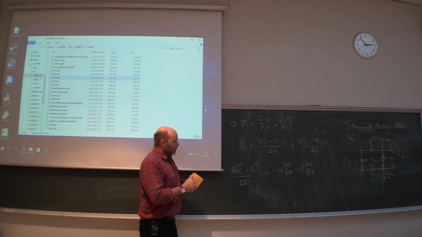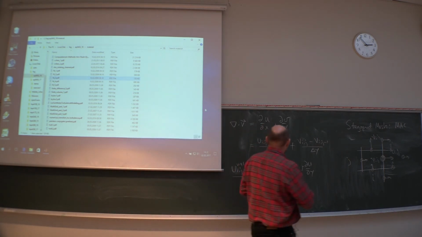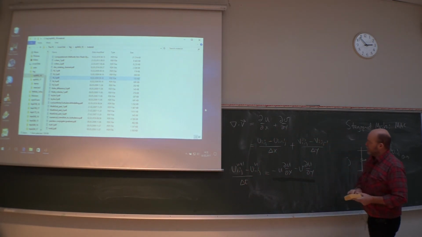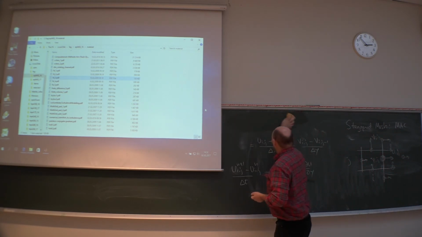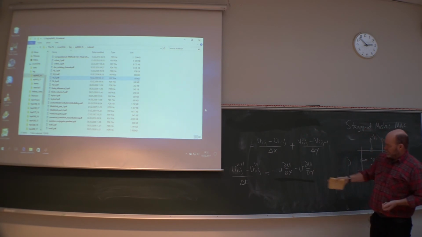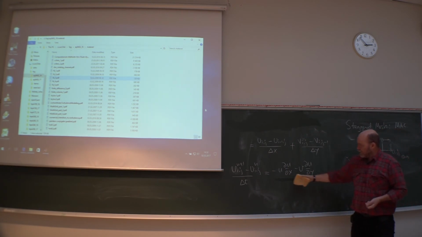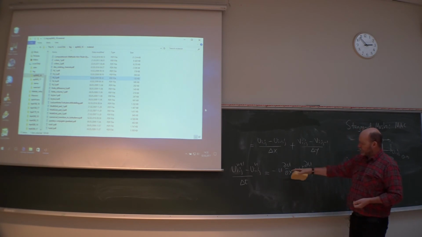Before we start looking into the source code, I want to have a look at these terms, the convective terms. We talked about weak form and strong form. Here they are written on a weak form. We have a function, a non-function, multiplied with a derivative. I don't want it like that.